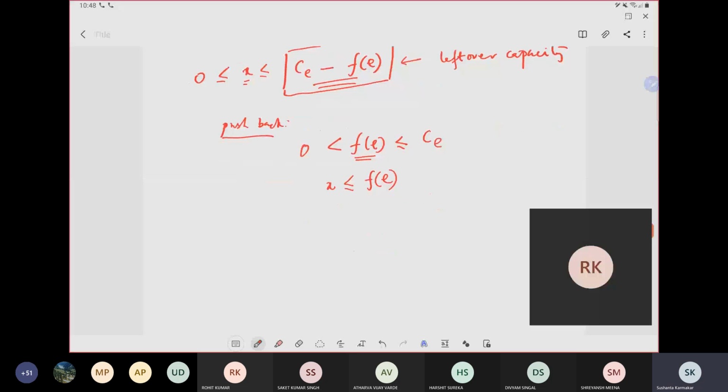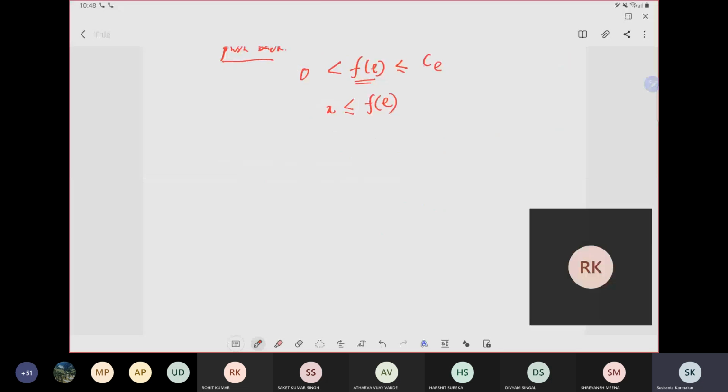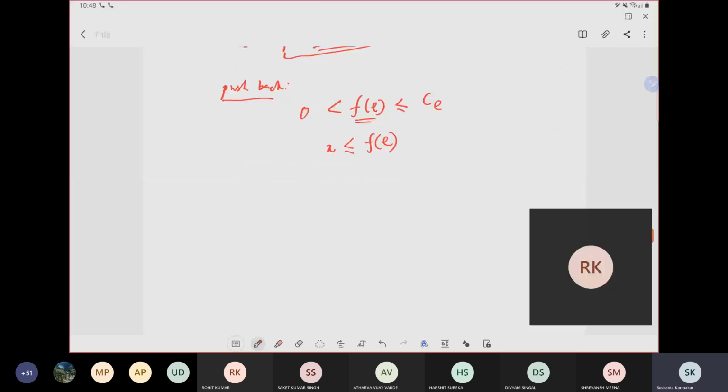So time is running out, but another 5 minutes is there. Up to this point, if any question is there, you can ask. I will start something known as the residual graph. Next day onwards, we'll start from here. What is a residual graph?